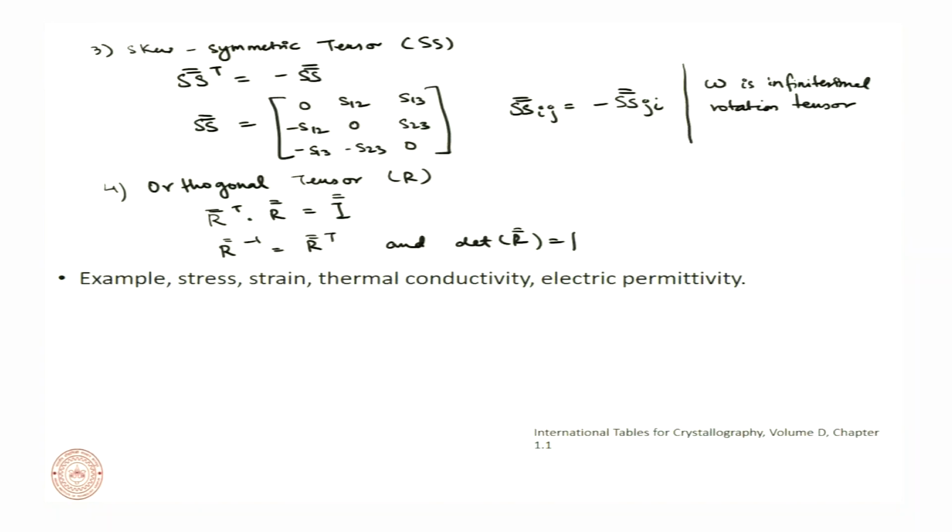So the orthogonal tensors are useful when you are mapping one vector space to another vector space of the same length.